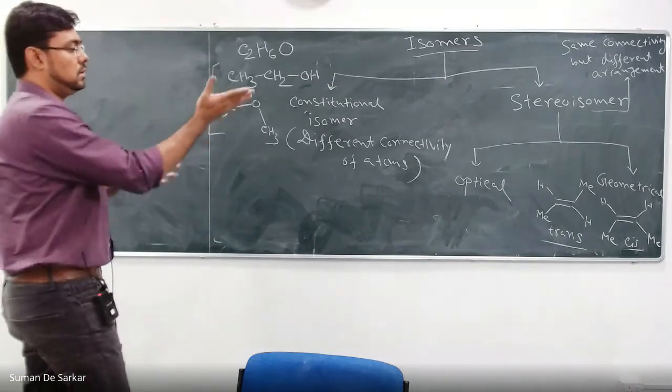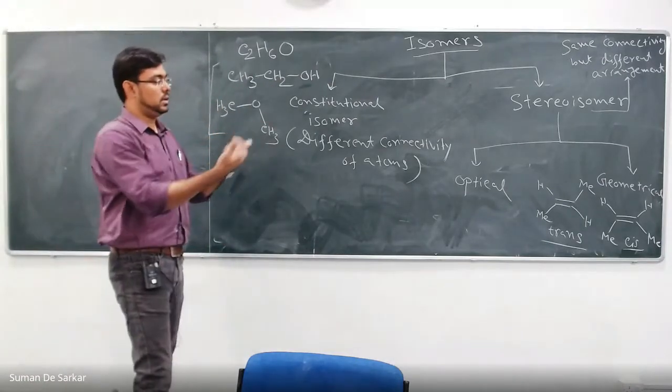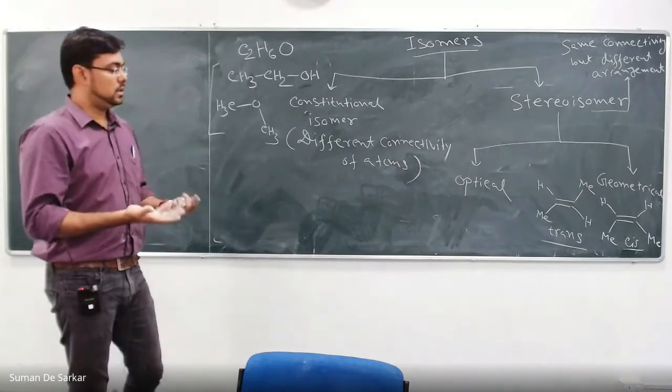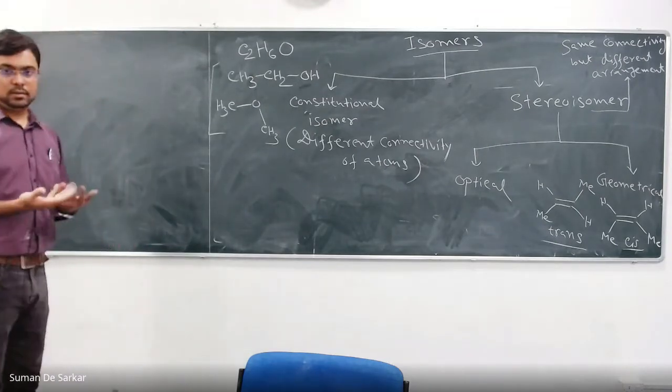In one case they are diagonally opposite, and in the other in the same direction. So the geometry is different. That's why it's called geometrical isomers.